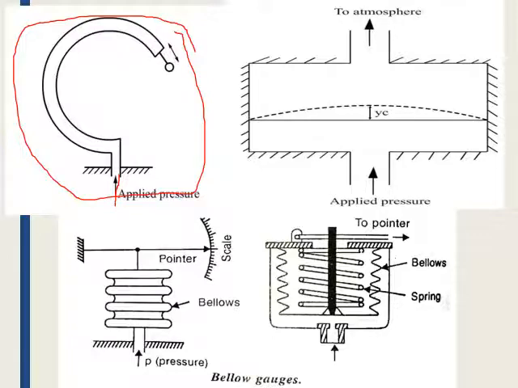Generally, the cross section of this Bourdon tube is elliptical. When a pressure is applied, this elliptical cross section changes or bulges. When the cross section changes or area increases, the end of this Bourdon tube is pulled back.